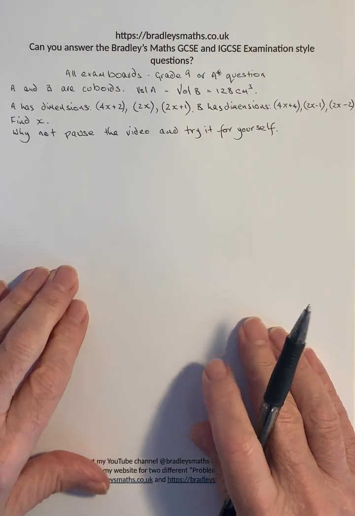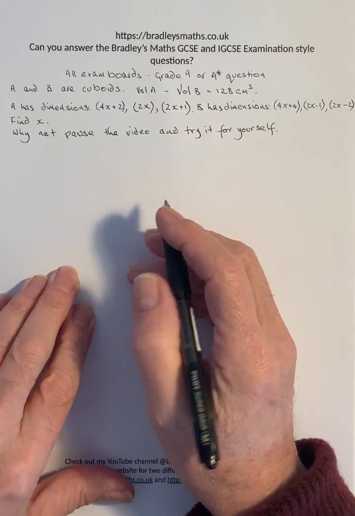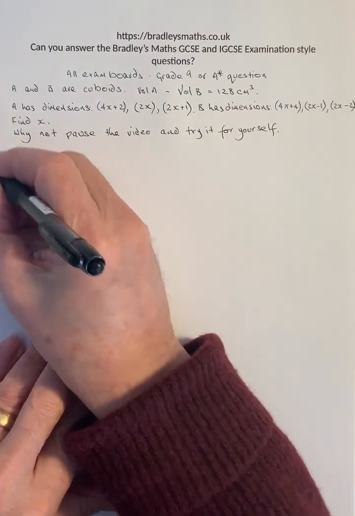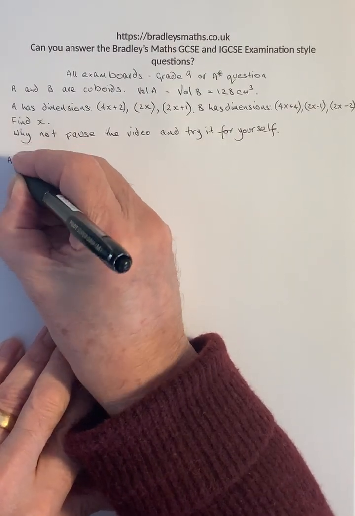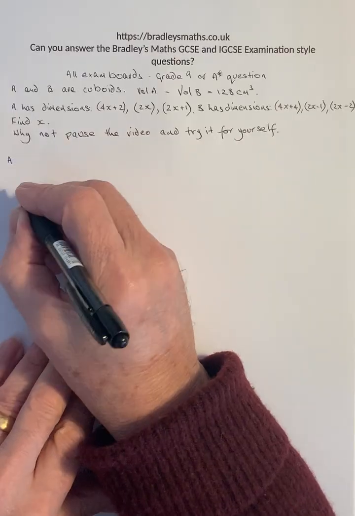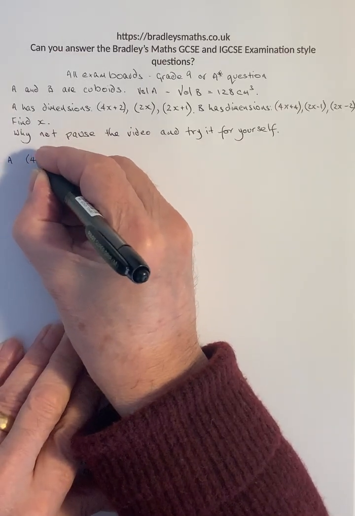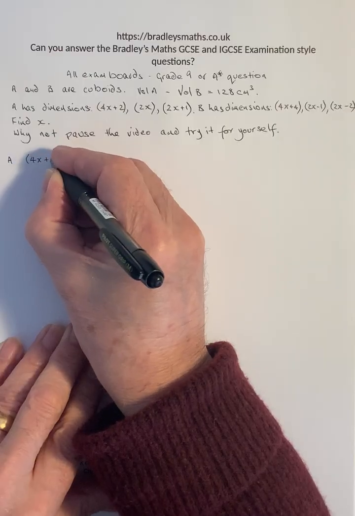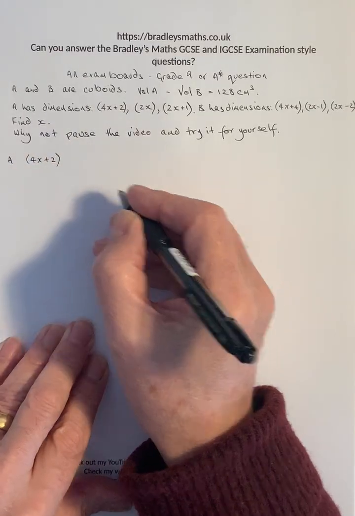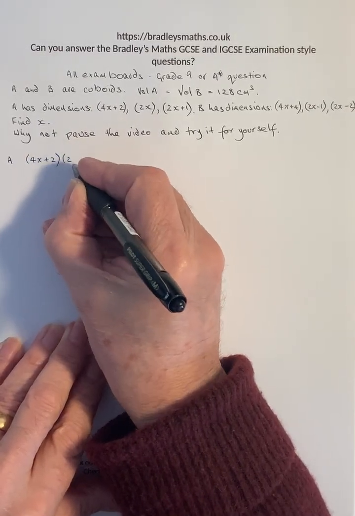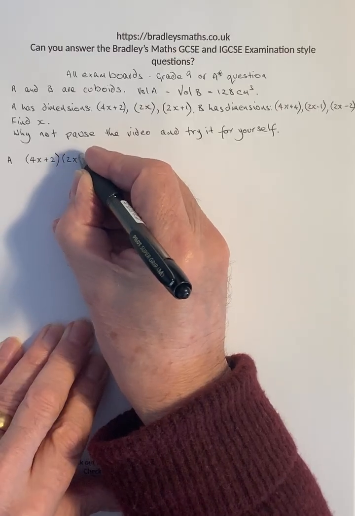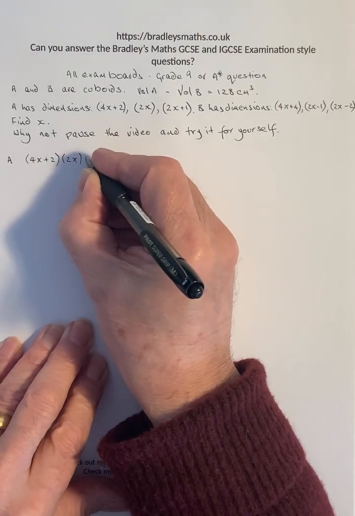Let's see how it goes, shall we? So we'll start with A. So A is 4x plus 2 times 2x times 2x plus 1.